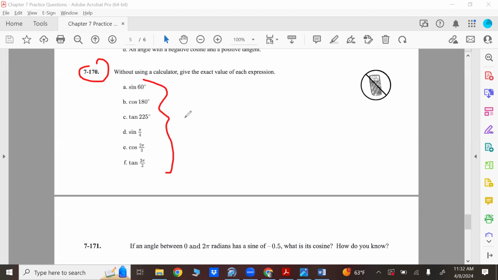What you want to do is this is going to be question 3 non-calc. Question 3 non-calc.